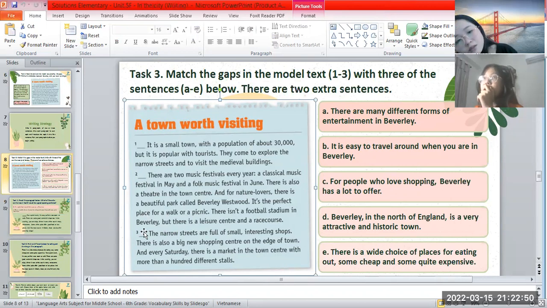You will need some time to think about this. So just read the sentences and read the text here, and then choose the best answers.